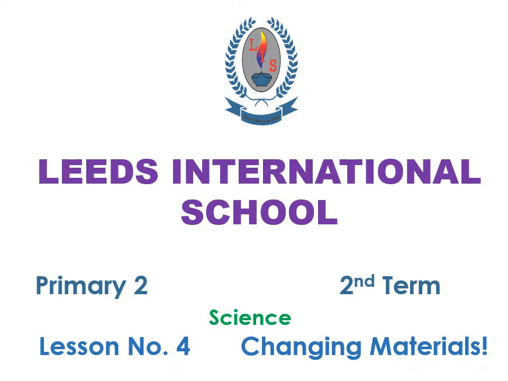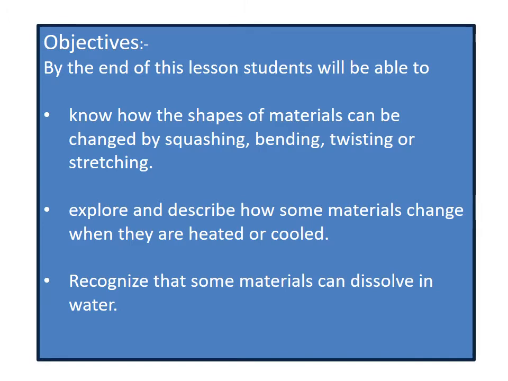Leeds International School, Primary 2, Second Term, Science, Lesson number 4, Changing Materials. Objectives. By the end of this lesson, students will be able to know how the shapes of materials can be changed by squashing, bending, twisting, or stretching.